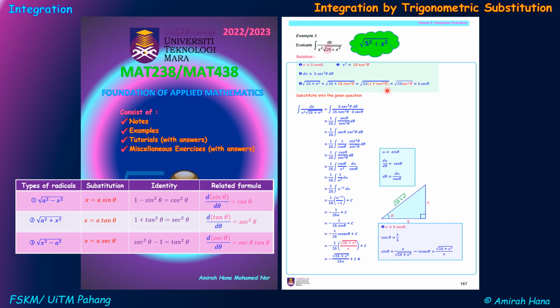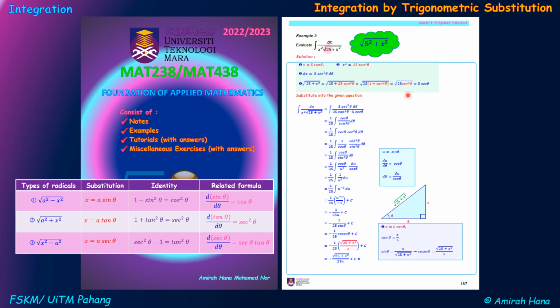In bracket, we have 1 plus tangent squared theta, and 1 plus tangent squared theta from identity equals to sec squared theta. And then we can simplify square root of 25 equals to 5, and square root of sec squared theta equals to sec theta.